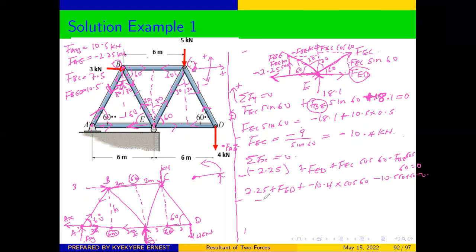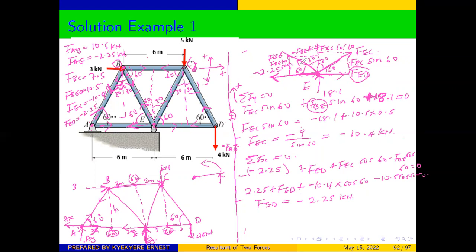And from there, when you simplify, your FED will be equal to negative 2.25 kilonewtons. So we have analyzed 3 of them. Now we have FEC equals negative 10.4, and then we have FED equals negative 2.25.